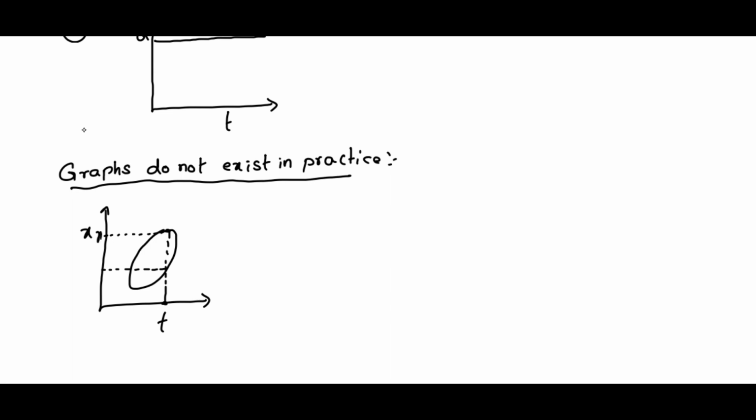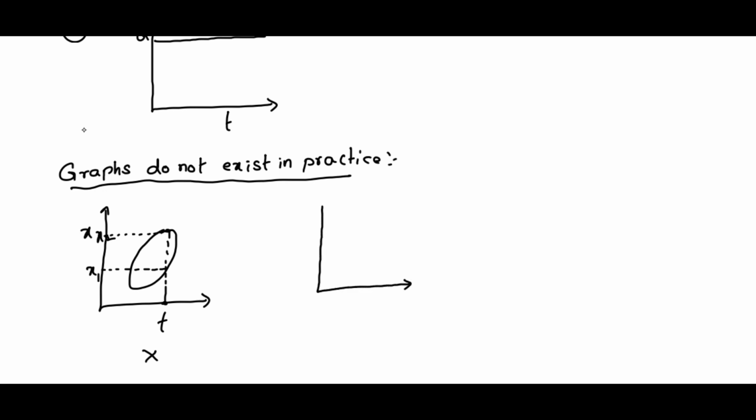So I am taking it as x2 and x1. So x1, x2, there are two positions for a body at the same time, but practically it is not possible. That's why such a type of graph won't exist, either for position time graph or velocity time graph or acceleration time graph.